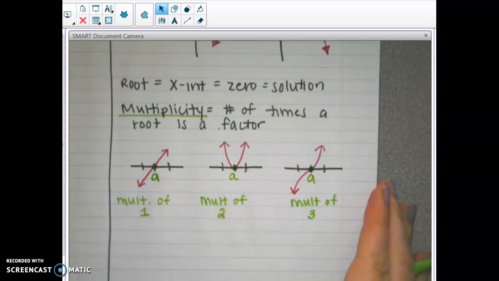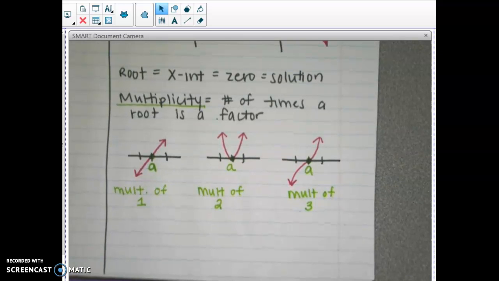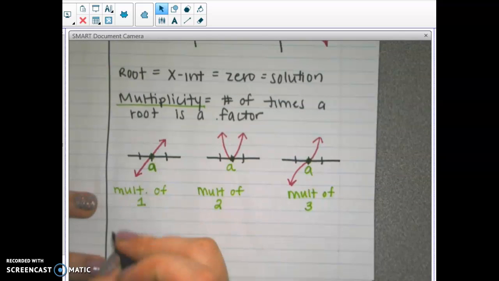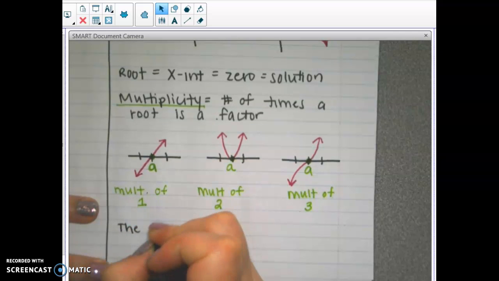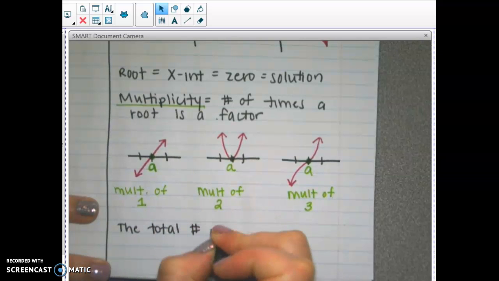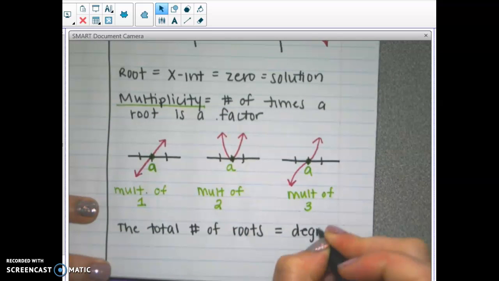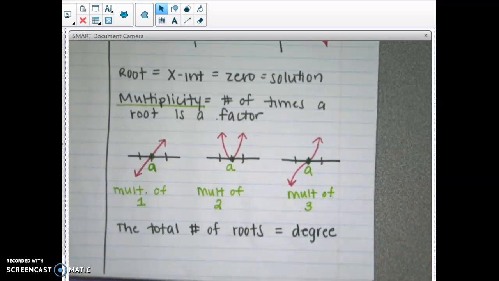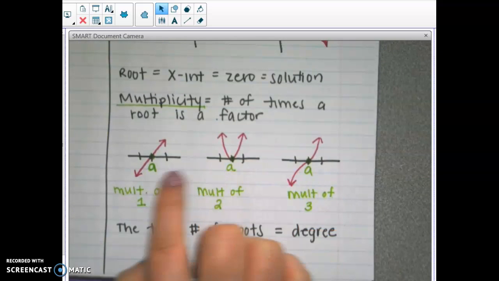All right, now the reason that that is important, there is a theorem called the fundamental theorem of algebra, which you do not need to know that word, but what you need to know is the total number of roots has to equal the degree of the polynomial. So if you have a 5th degree polynomial, you have to find a total of 5 roots. And so that might mean that you have to count the same root multiple times.